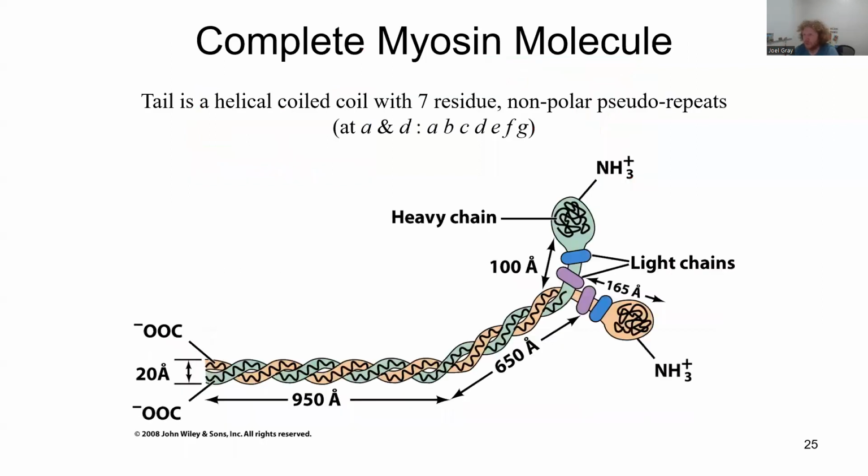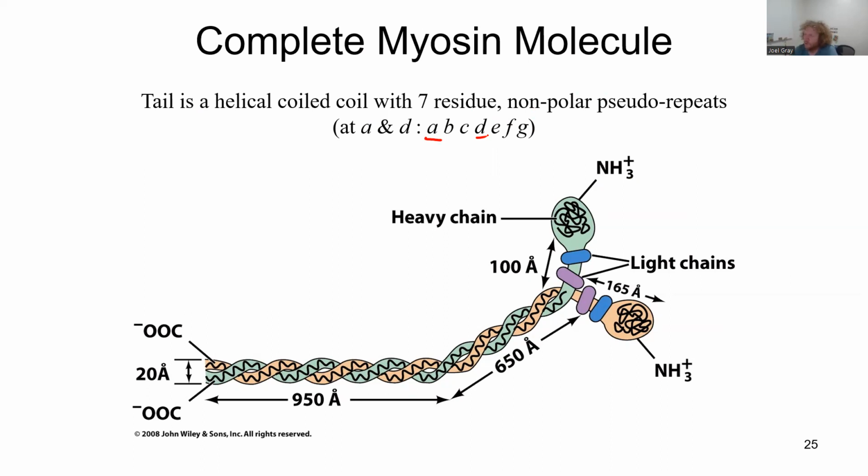And now here's where we're getting to the interesting stuff. So the tail is a helical coiled coil with a 7-residue non-polar pseudo-repeat. A and D are non-polar amino acids. We already talked about this structure when we were talking about filamentous proteins, how the positioning of those A and D amino acids are in close proximity to one another so that they can stabilize this structure.